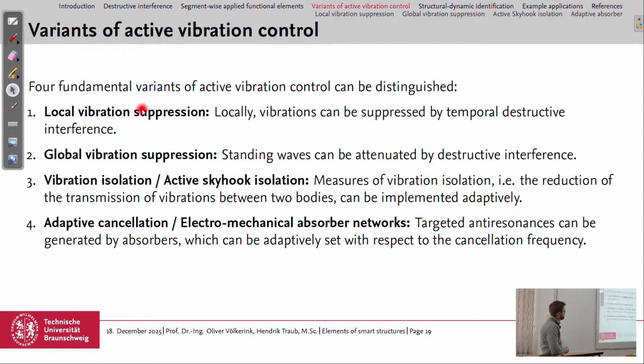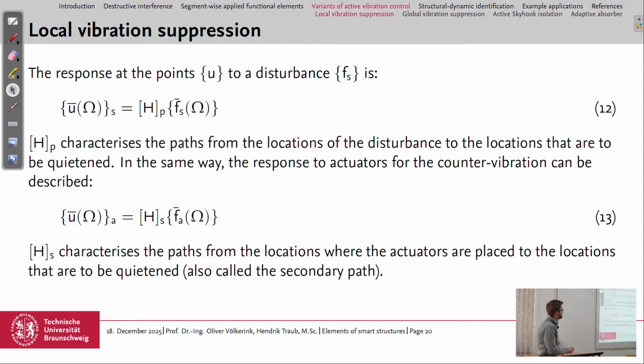And the global vibration suppression, where we use the standing wave. The other idea is to use electromechanical absorber networks, where we can adaptively set the cancellation frequency or change the vibration behavior of the system. I will show that in a few slides.